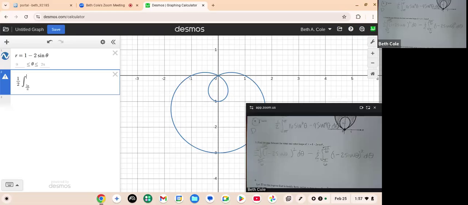What did you all get for this? Does it look like about 8, or does that seem like that makes sense to you? I know this goes down to 3, so I'm almost there.